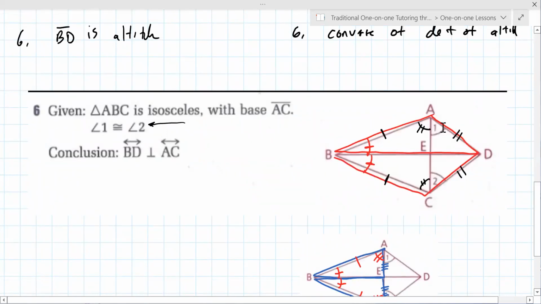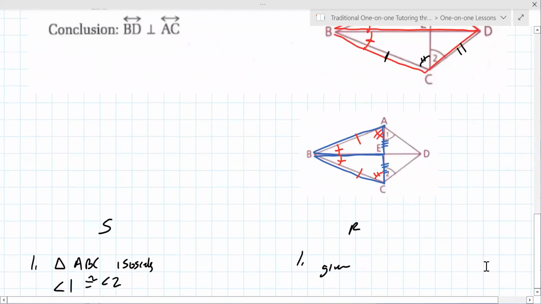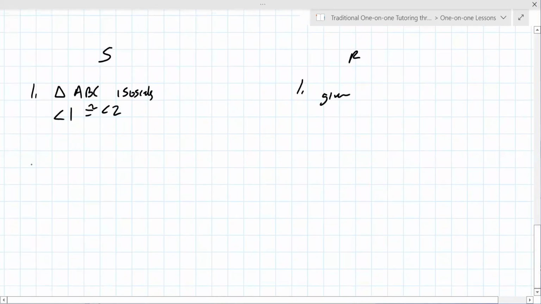So AB is congruent to BC, and that's from the definition of an isosceles triangle.